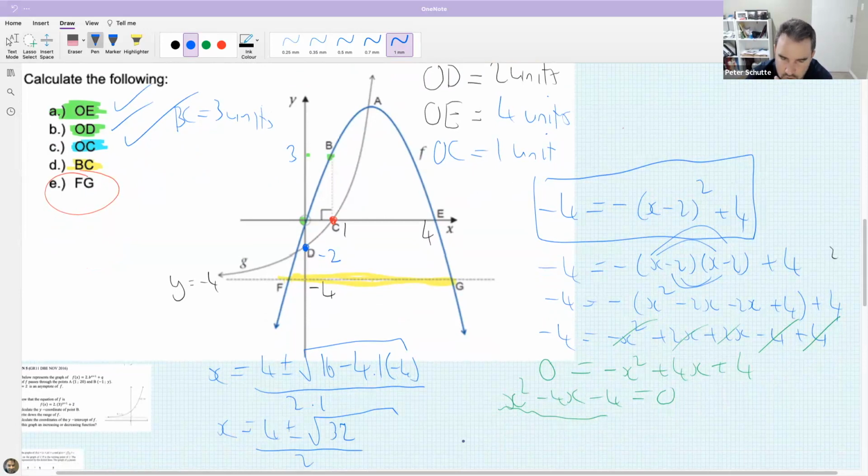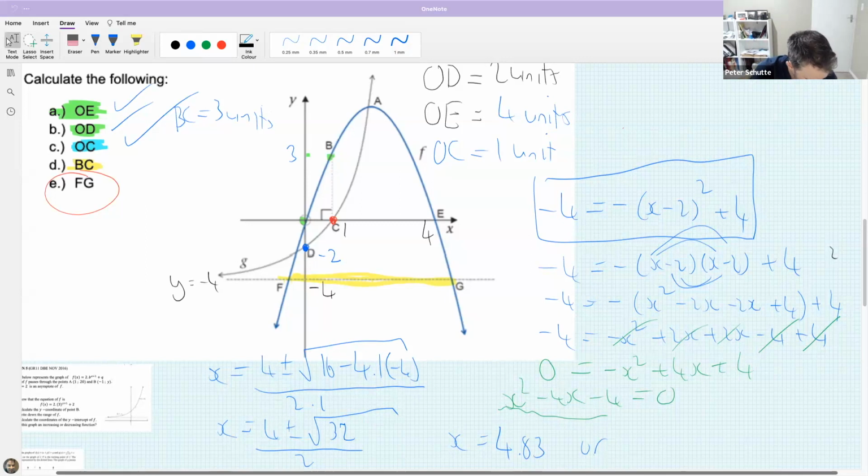There's going to be 2 of them, though. So it's going to be 4 plus, let me do this, I'm going to get 4 plus square root 32 divided by 2, and I get 4.83. Or I'm going to get 4 minus square root 32 divided by 2, and then I'm going to get x is minus 0.83.